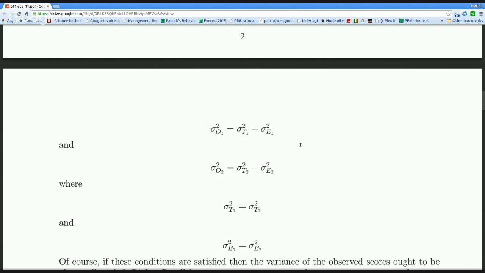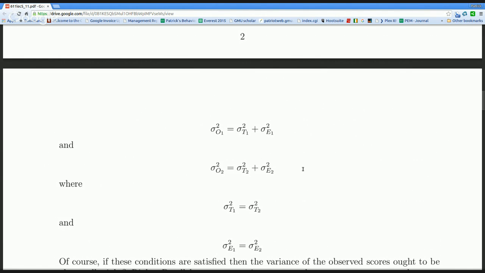So we begin with parallel measures, and parallel measures are defined by a pretty simple set of equations. And remember that statistics is largely not math, it's a language. But I'm going to use the equation that you're already familiar with, the rote equation, observed equals true score plus error, and I'm going to create one for two measures, measure 1 and measure 2.